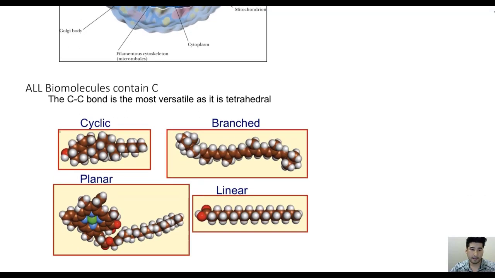These are the types of carbon chains that we have: cyclic, branched, linear, planar. This is just to show you the elements that make up your cell.